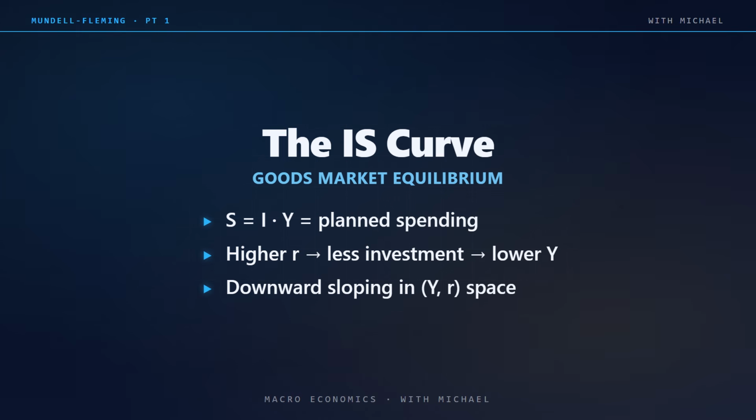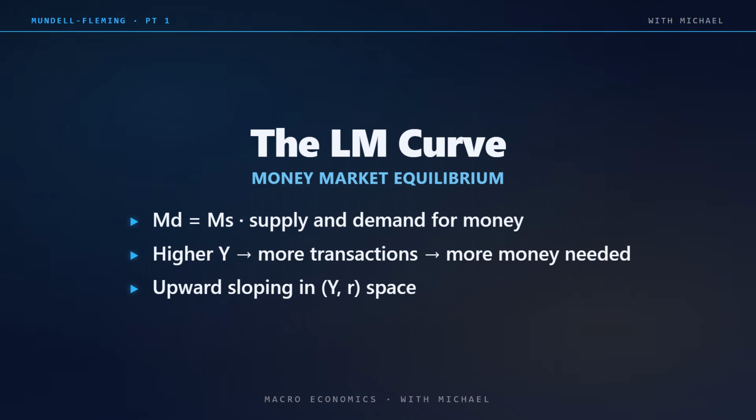The position of this horizontal line relative to where IS and LM intersect tells us everything about the economy's situation. If IS and LM intersect at a domestic interest rate higher than R*, foreign capital wants to flow in. If they intersect at a domestic interest rate below R*, domestic capital wants to flow out. What happens next depends on a single critical variable, the degree of capital mobility.